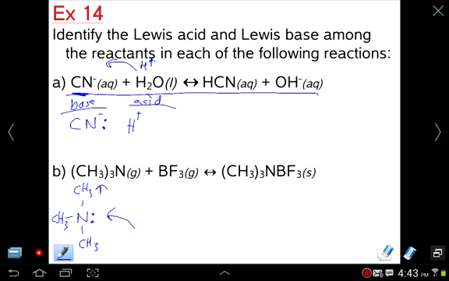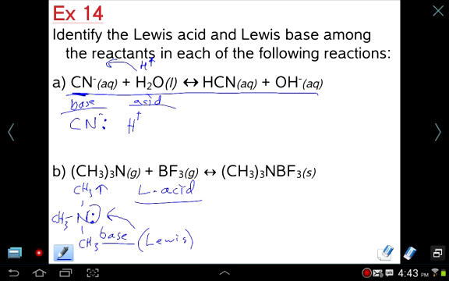These are called Lewis bases. Lewis bases will donate an electron pair. So if you see that you have an open electron pair, this can be called a Lewis base. And if one's a Lewis base, the other one must be a Lewis acid. And this Lewis acid, again, will be accepting this pair of electrons.